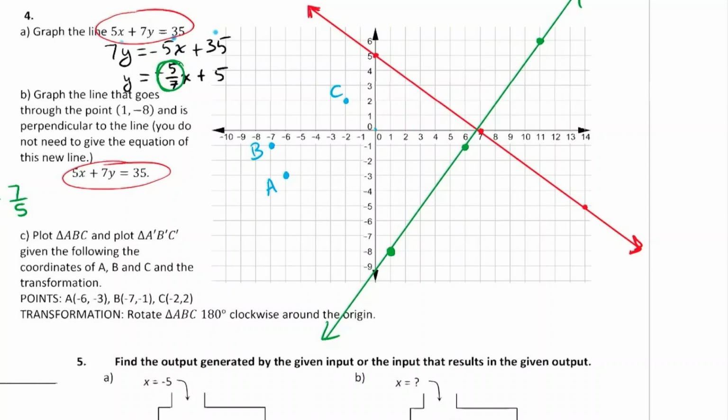Okay, I got it. So 180 degrees is probably one of the nicest rotations because these points just become the opposites of what they were. So C is going to go to, I'll keep C in blue, the point x is 2, y is -2.